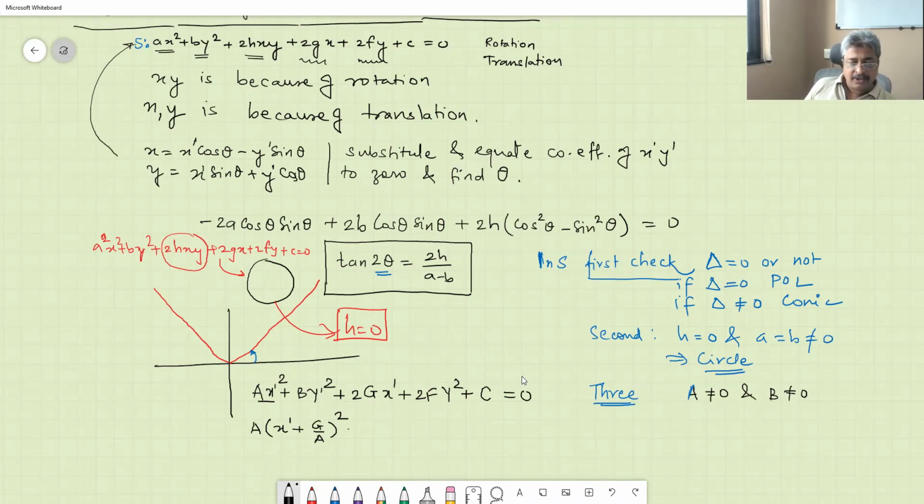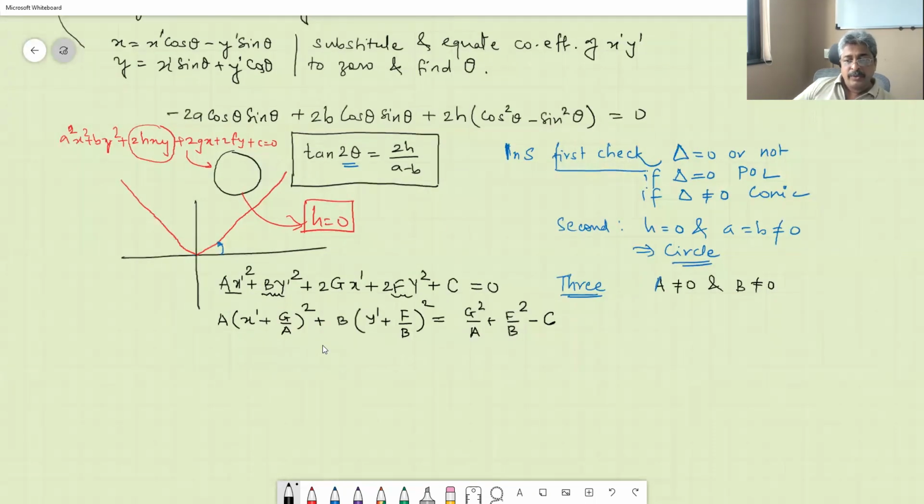But I have done some damage which we will control, plus B into y dash plus F upon B bracket square. So we have managed this, but we have done some damage, so it is equal to G square upon A, because one A is getting cancelled, that is unnecessarily added in LHS, plus F square upon B, unnecessarily added in LHS, minus capital C. This is how your expression will look.